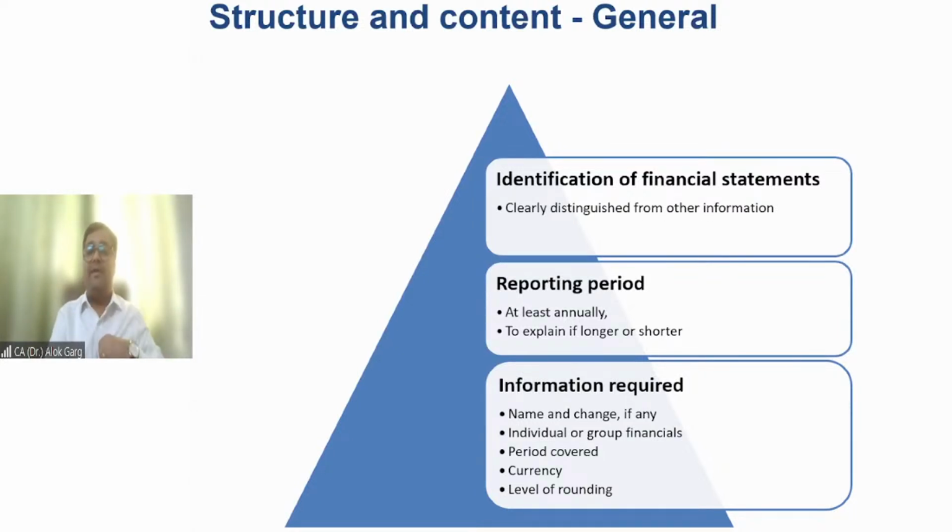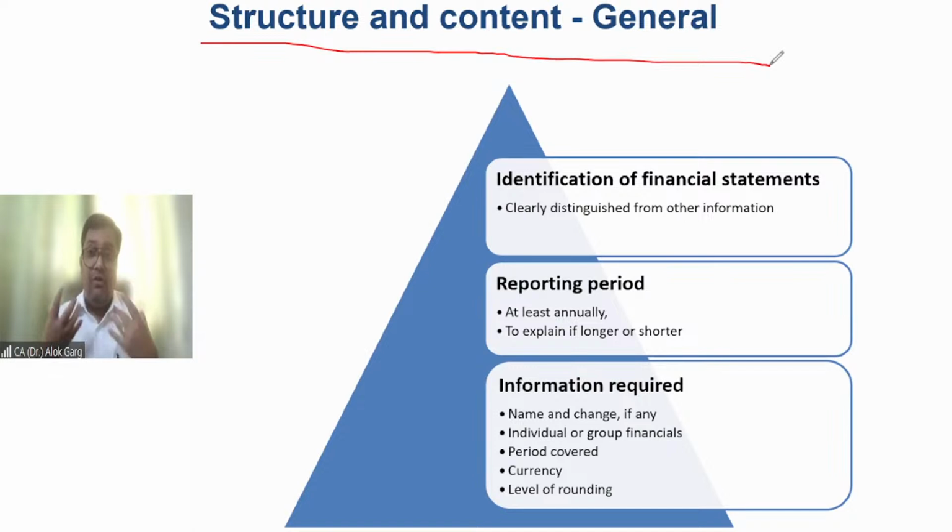So friends, after overall consideration, let's talk about structure and content. This standard is different from IGAAP, where there was no guidance given on the components of the financial statement. But in Ind AS, the guidance is given for the components of the financial statement as well.